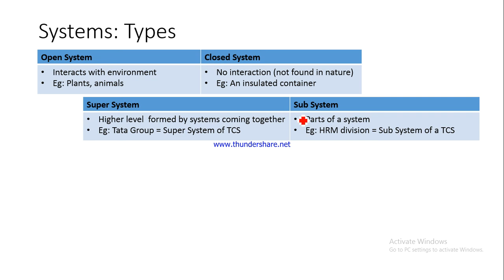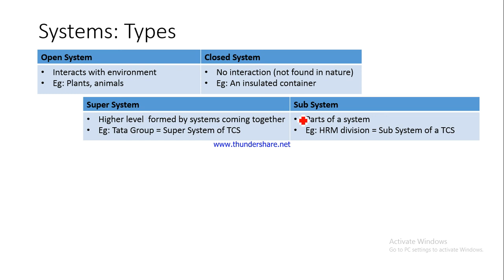So TCS is a group company, so Tata group is the super system, and within TCS, HRM is a subsystem of TCS, right? However, we can put it conversely in a different manner also. Tata group is a super system of TCS. We can also say that TCS is a subsystem of Tata group. If we are considering Tata group as a system, then TCS would be one notch below Tata group, and that is why we'll call it the subsystem of Tata group.